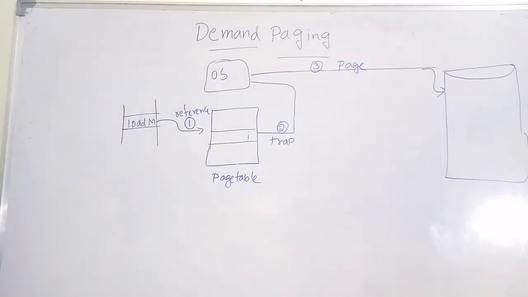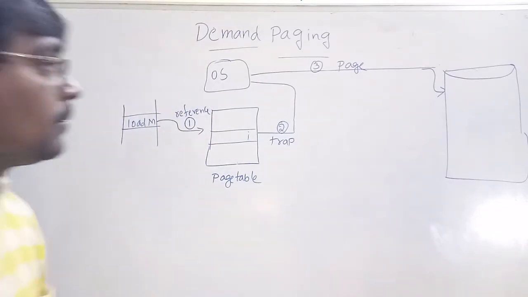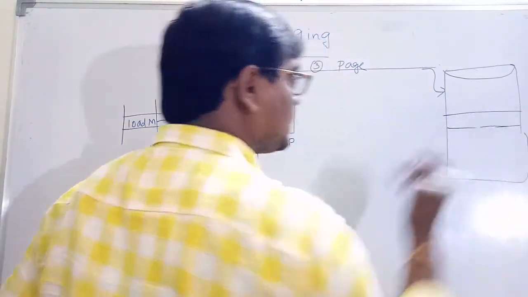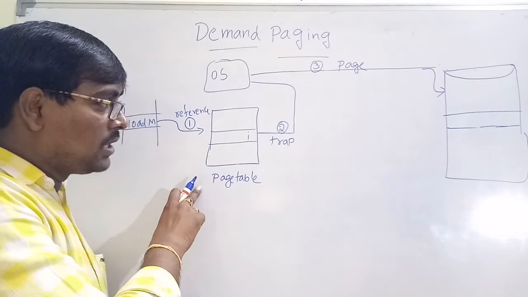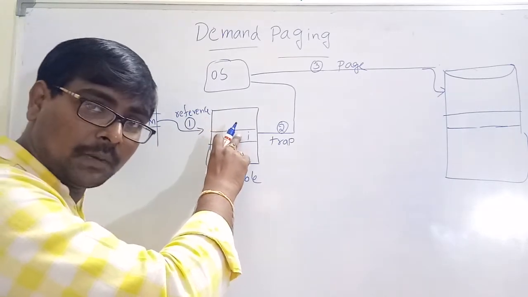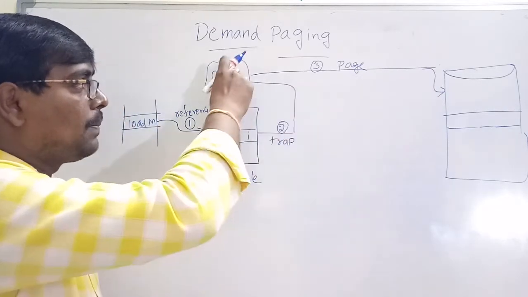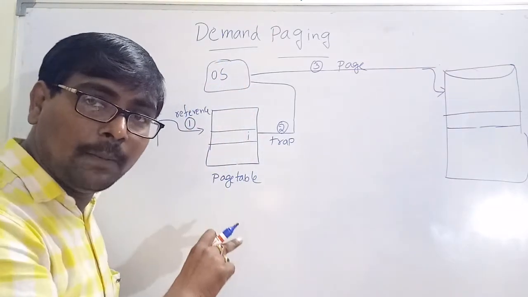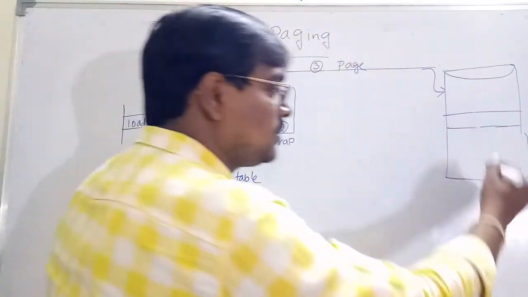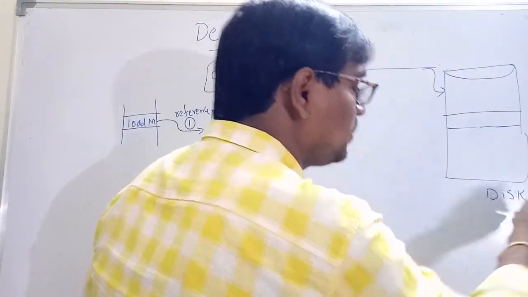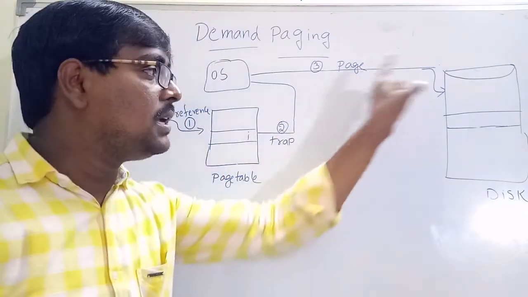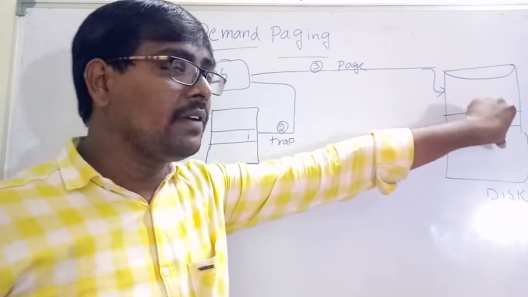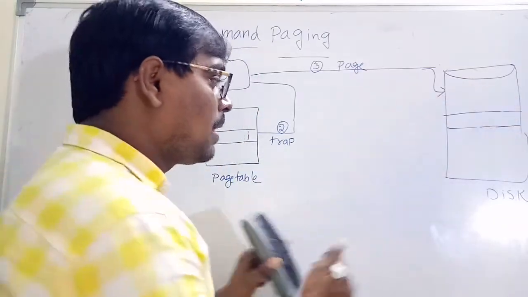Whenever a page fault occurs, that means the page is not present in the memory, we report to the operating system that the page is not in the memory. Then the operating system checks the disk whether the required page is available in the disk or not. Suppose the required page is available in the disk, then what to do?